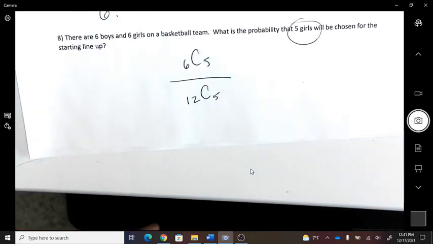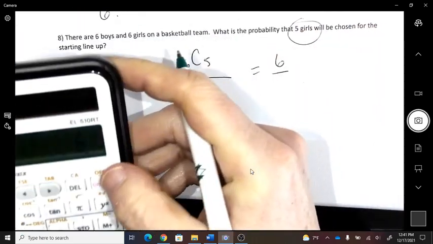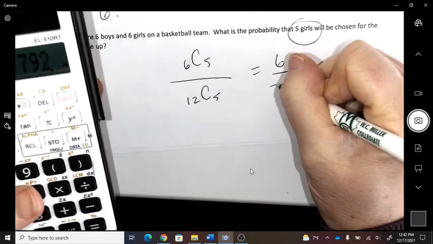12. Yep, 12 C5. You could have picked anybody and picked 5 people. Okay, I'll do this a little slower so that I make sure I get some correct answers, hopefully.